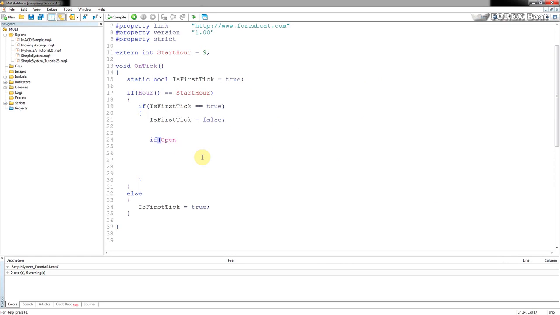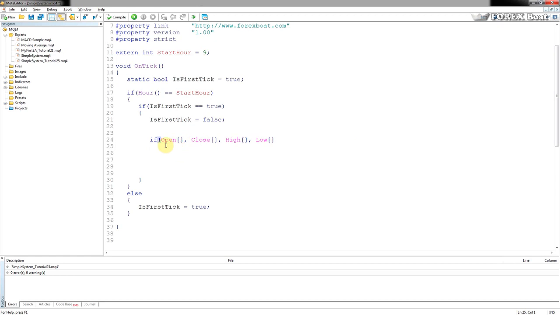There are four different variables which describe the prices of every candle. They're open, close, high, and low. So I'm just writing these out for you. Each one of them describes the relevant price of a candle, but which candle you need to specify in these brackets over here.